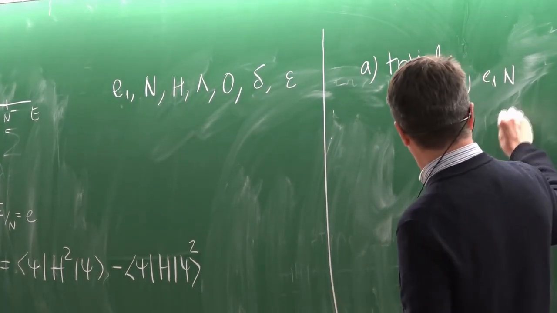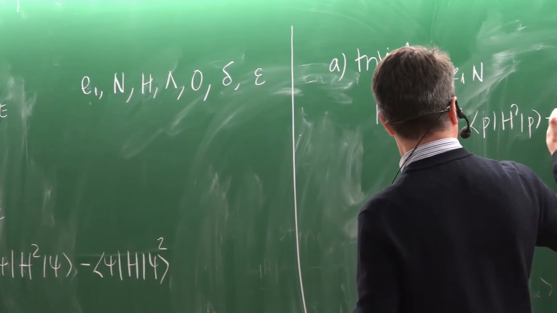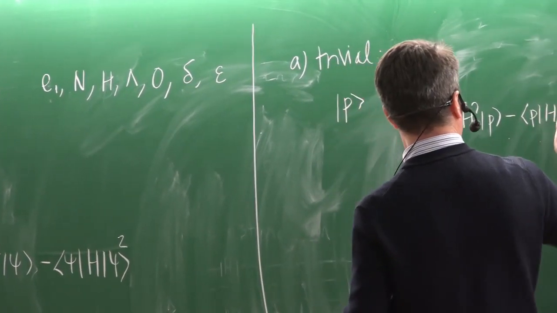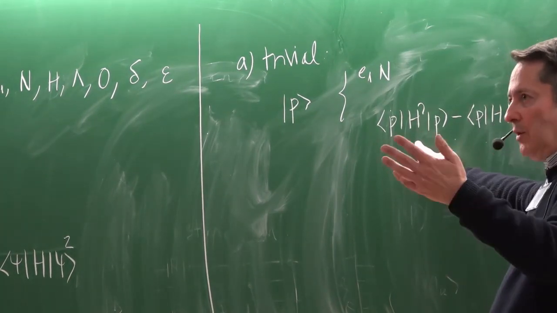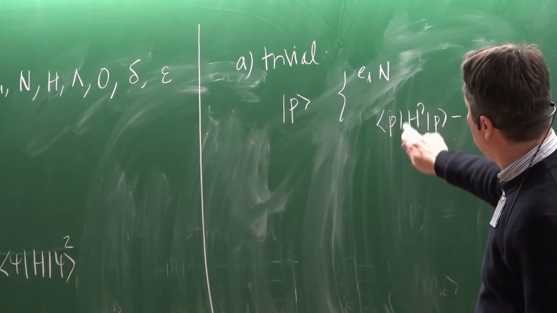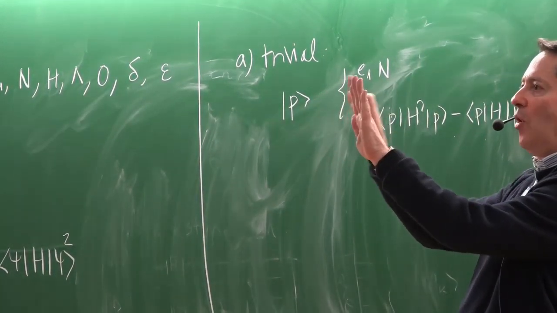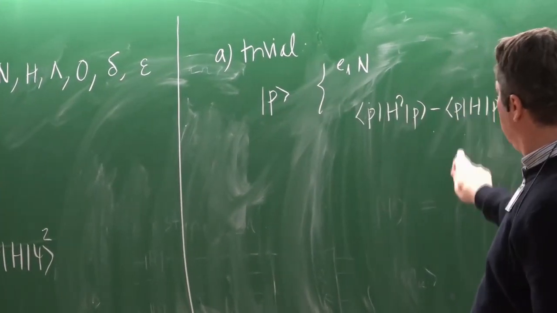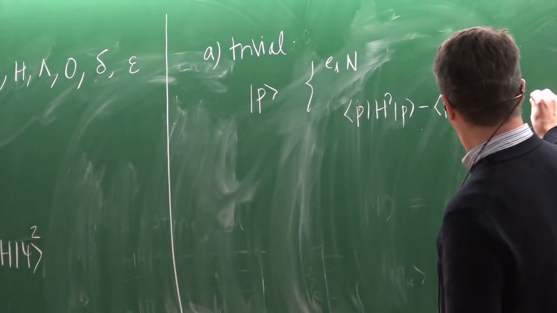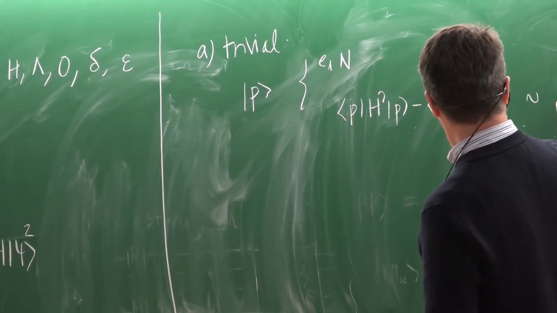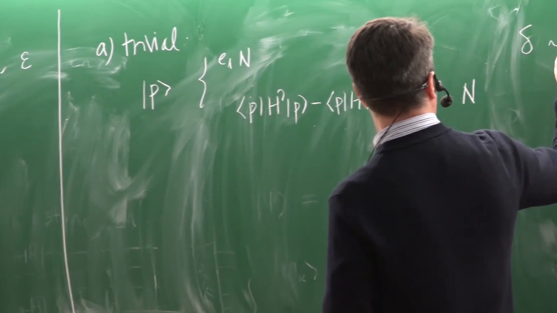So I compute P H square P minus P H P square. Because of the arguments that I made all the time, this H contains all the possible H lambda prime. If there is no overlap, then this will cancel with this one here. And if there is an overlap, then they will not cancel. So this means that this variance, or this delta square, would be of the order of n. It means that delta for a product state is the square root of n.